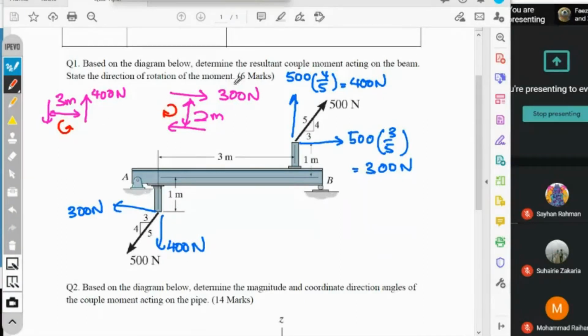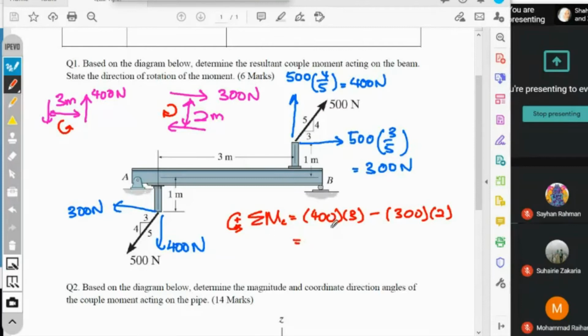When we want to calculate the resultant couple moment, we do summation of couple moment. If I take counterclockwise as positive, this will become positive 400 times 3 meter, and then this will become negative because this is clockwise, so negative 300 times 2 meter.